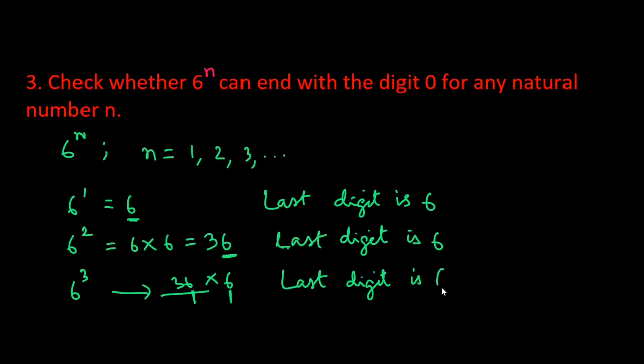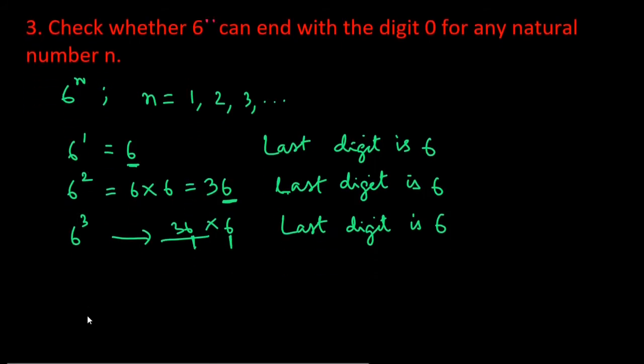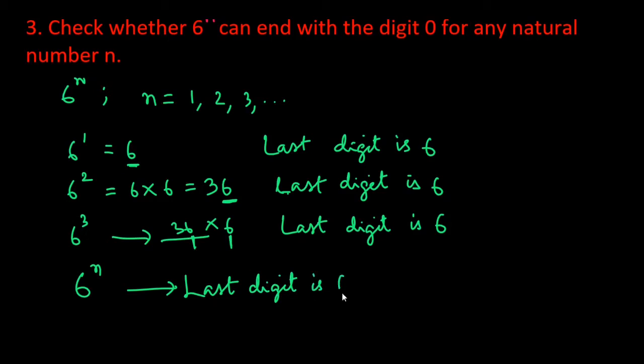Last digit is 6. So every time we get a number ending in 6 and we have to multiply it by 6 again. So whatever may be the power raised to for 6, for any value of n, the last digit is 6.